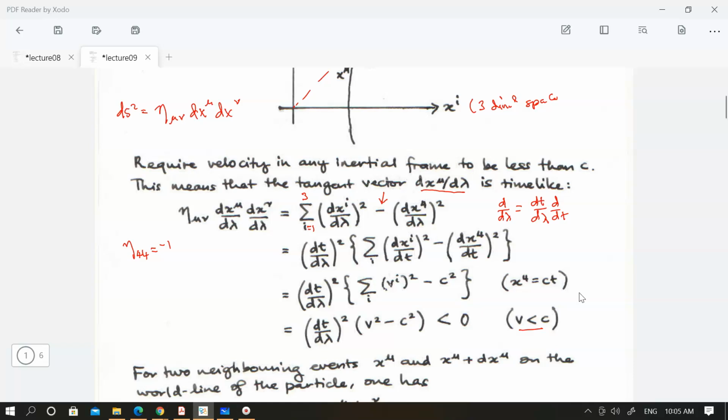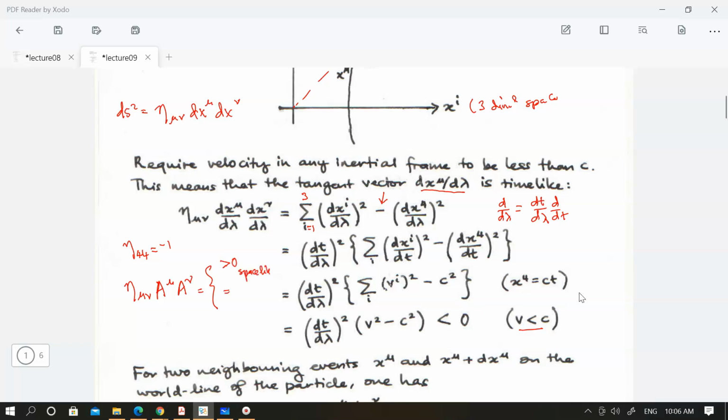And remember our classification of the vectors. Let's say you have eta mu nu, A mu, A nu. So you have these three different classifications. If it's space-like, then this is greater than 0.